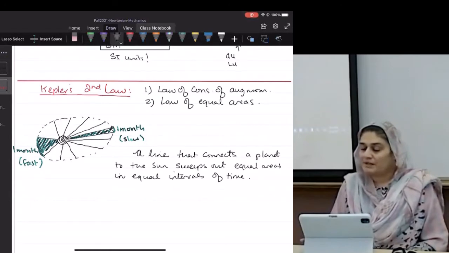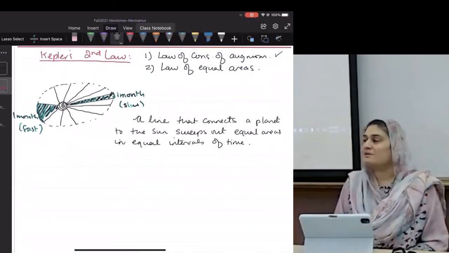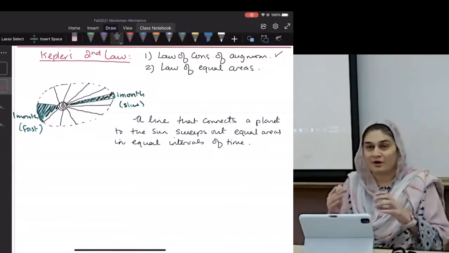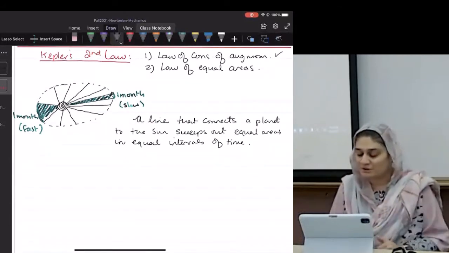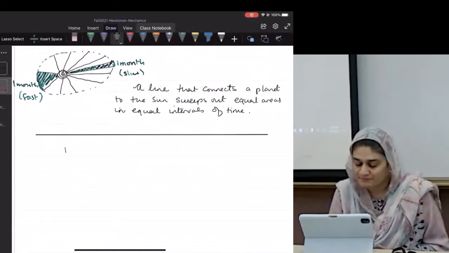Okay. Another thing is the law of conservation of angular momentum. How does angular momentum play a role in all of this? So I'll show you how that works. What is the definition of angular momentum?